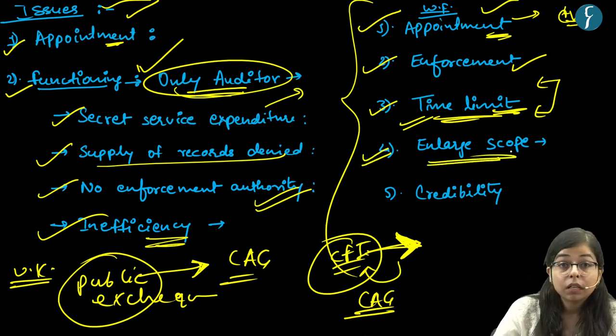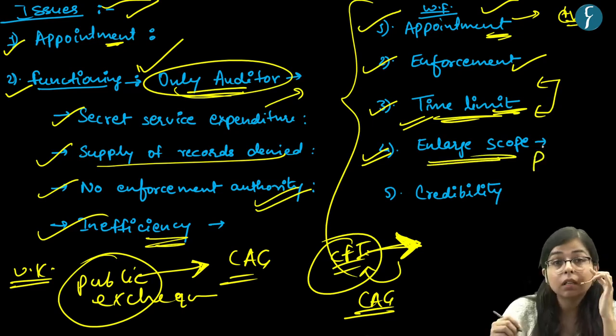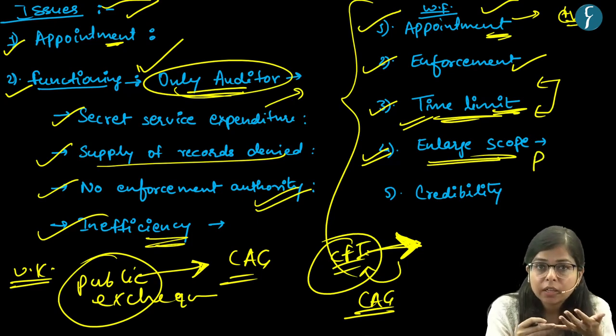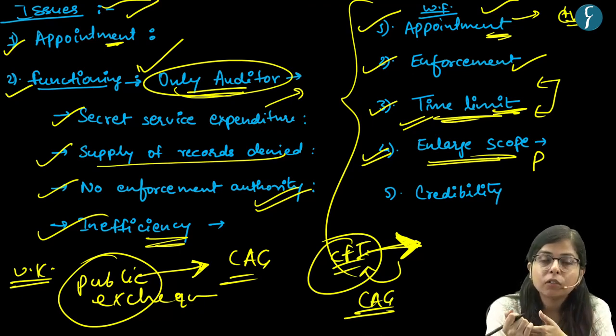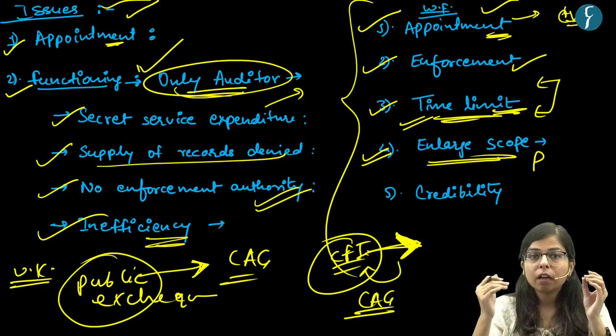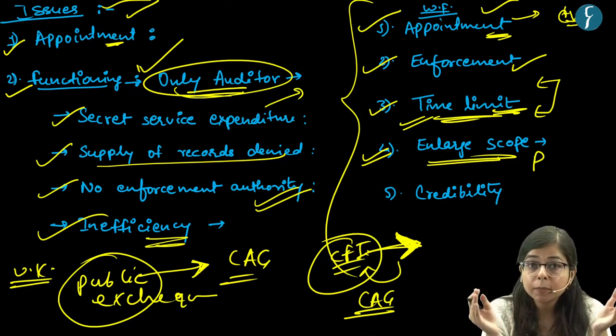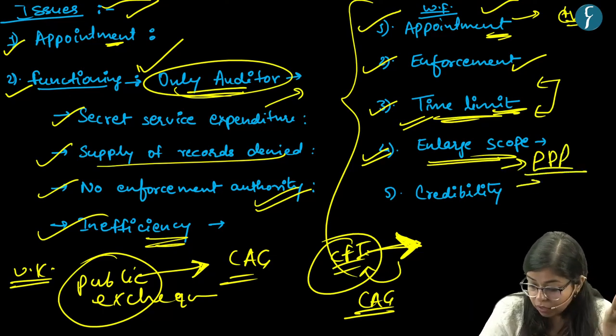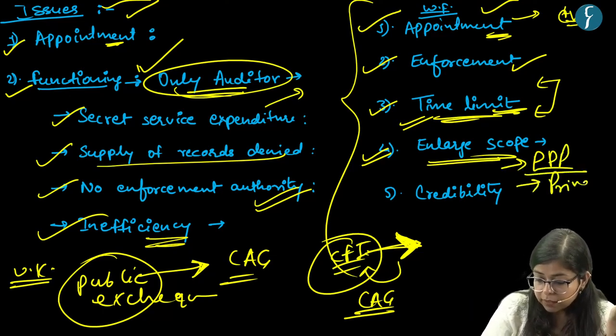And the office of CAG should be enlarged, because earlier, when the office of CAG was made, the majority of expenditure was done by public functionaries, like governments or public departments. But now, the bulk of expenditure in the country is also being done via the PPP route, via private expenditures.